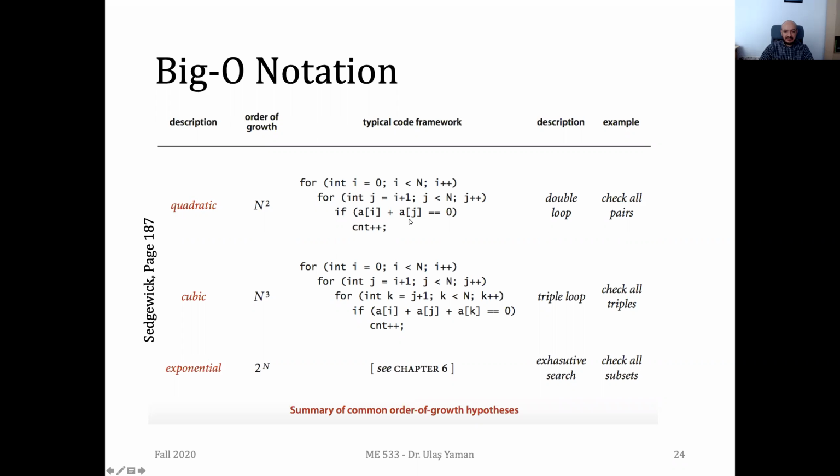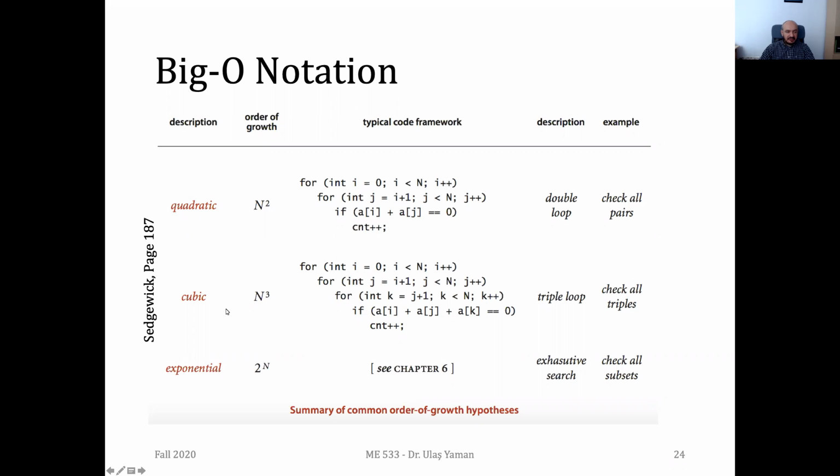With the help of these two nested loops, they are checking all the pairs of a given array to see if the summation of a pair is equal to 0. If so, we have a single expression: a counter, and we increase its value.